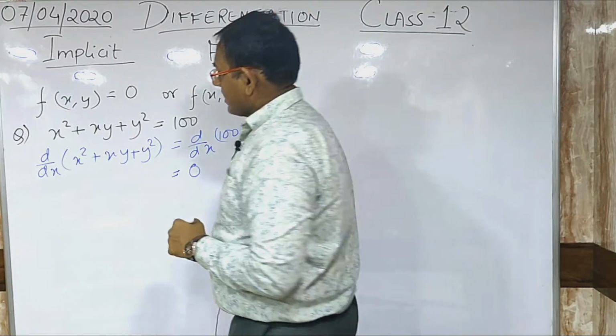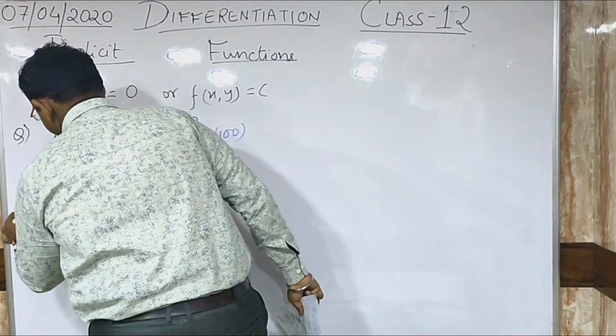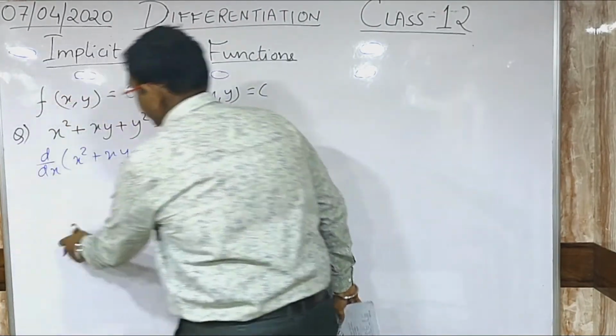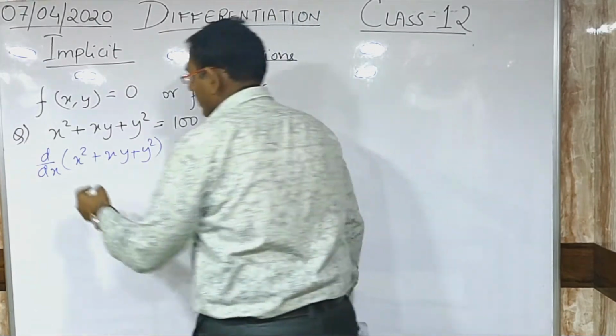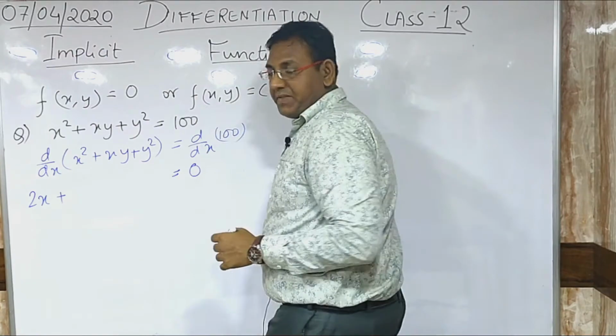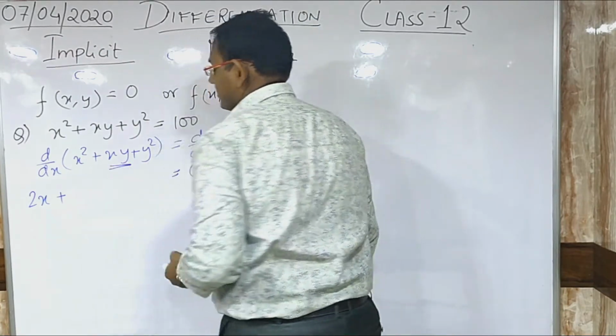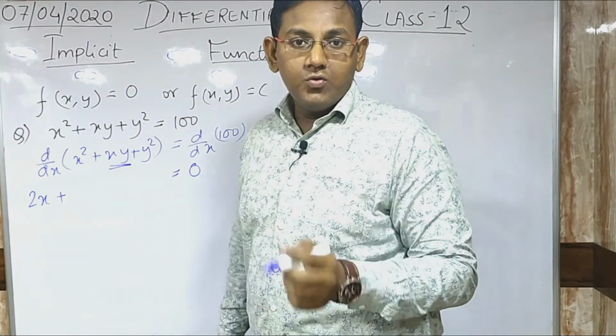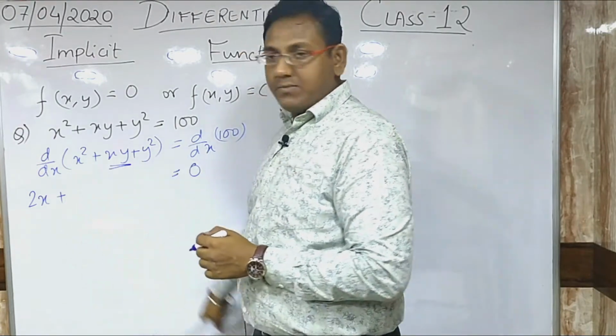Similarly, we already know the basics, that is, we differentiate each and every term separately. So differentiation of x squared will give you 2x, and for the term xy we will apply the UV method, because there are two different variables.